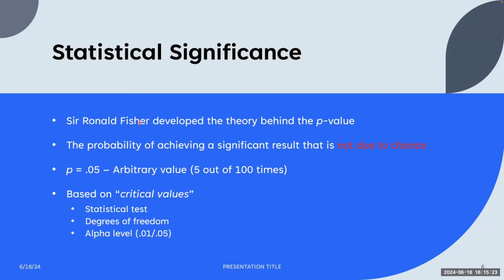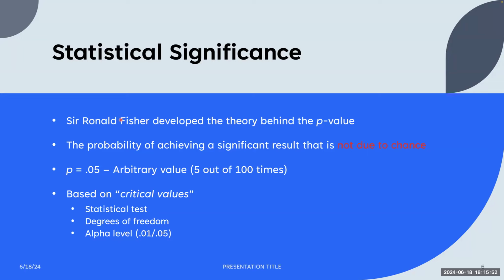Sir Ronald Fisher is considered the father of modern-day statistics. Pretty much anything Ronald Fisher said or published was pretty much Bible. And Ronald Fisher said that the probability of achieving this result, and so on, he's comfortable with 5 out of 100 times if that was to happen.